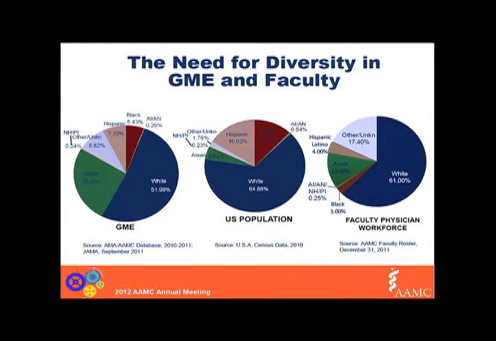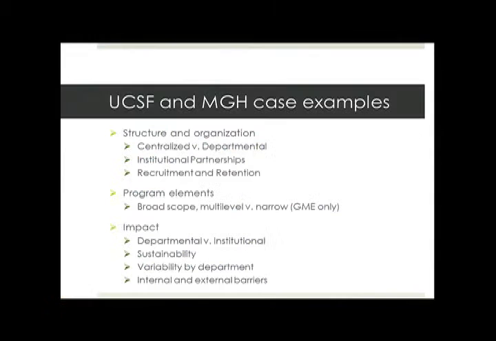The physician workforce is about 7% inclusive of groups underrepresented in medicine. That's not quite half of what the medical student body is, and even that is significantly lower than what is represented in the total population.